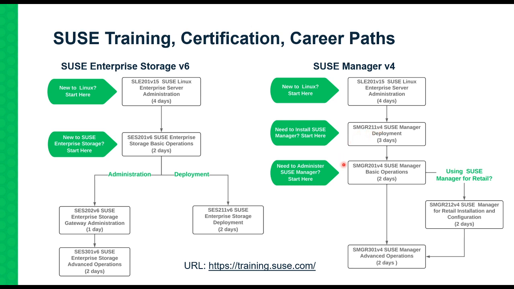And you can go over from there to the SMGR 201 version 4 course, which is the SUSE Manager Basic Operations. And if you are using SUSE Manager for retail, there's a retail portion which you can run, and that's the 212 version 4, and both of them go over into the advanced, the engineer level, which is the SMGR 301 version 4 training.